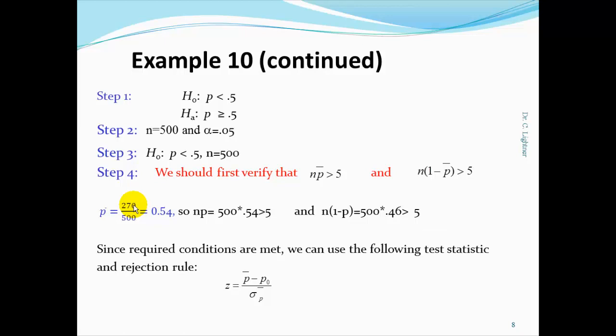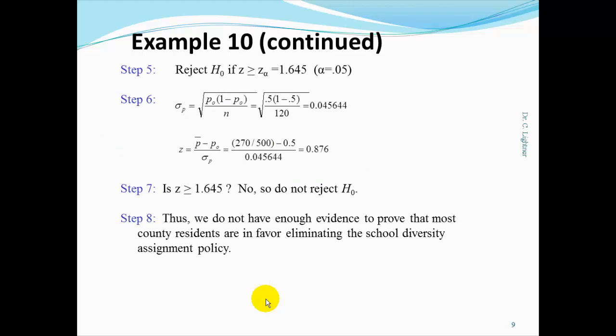And also N times 1 minus P, or 500 times 0.46, is also greater than 5. Since the conditions have been met, in step 4, we can list our test statistic. And in step 5, we can list our rejection rule.